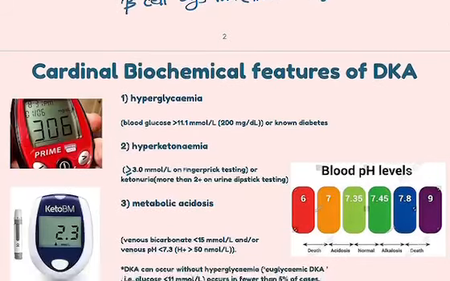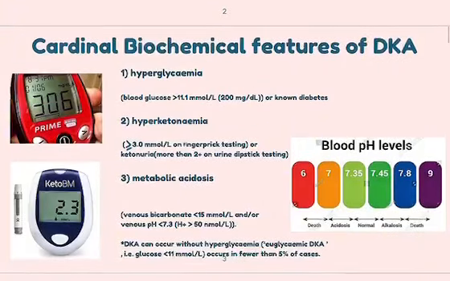Now let us learn the cardinal biochemical features of diabetic ketoacidosis. There are three classical triads, namely hyperglycemia, hyperketonemia, and metabolic acidosis. You can see the levels of hyperglycemia in which blood glucose level is more than 11.1 millimole per liter.